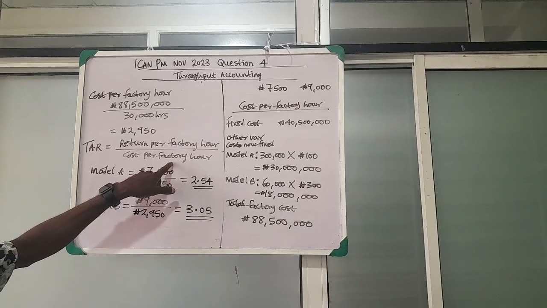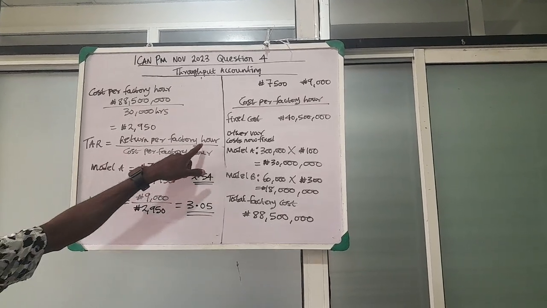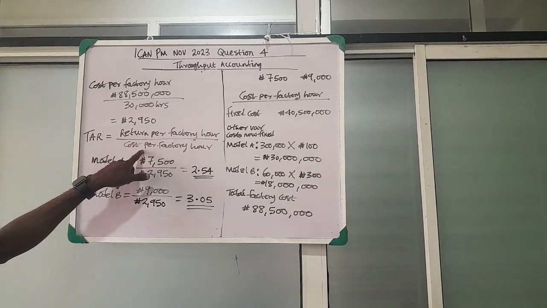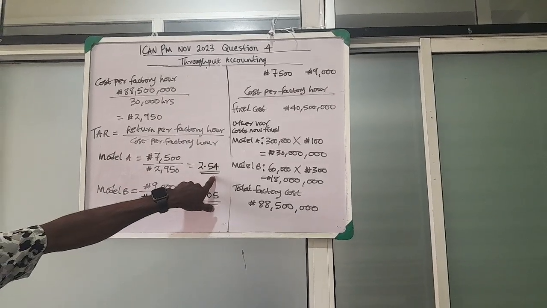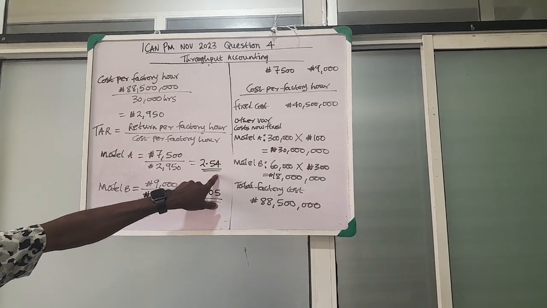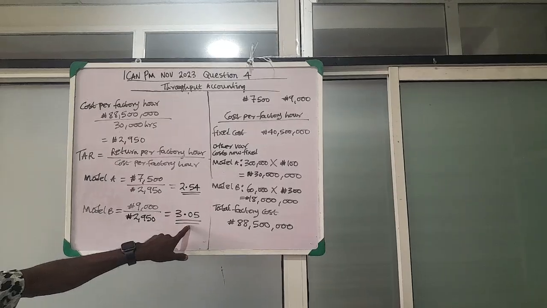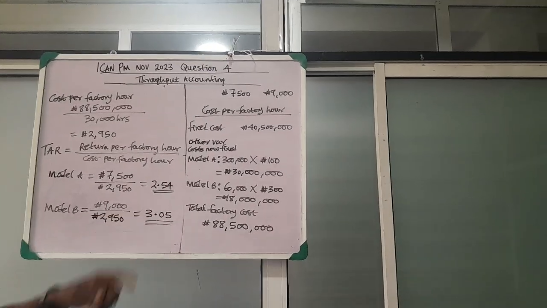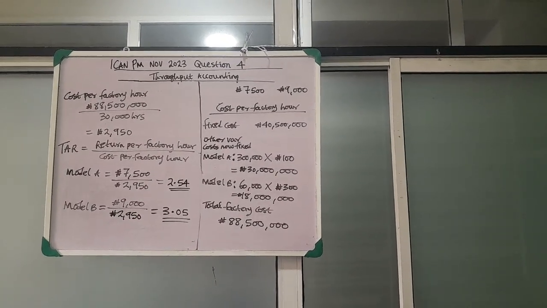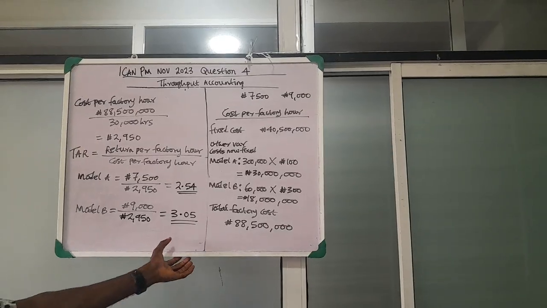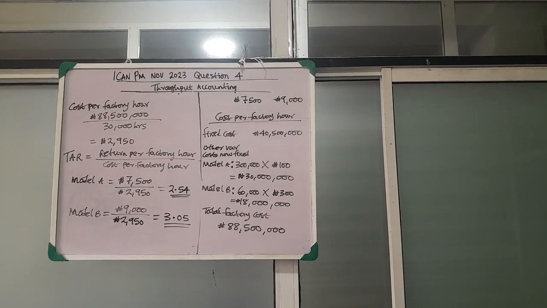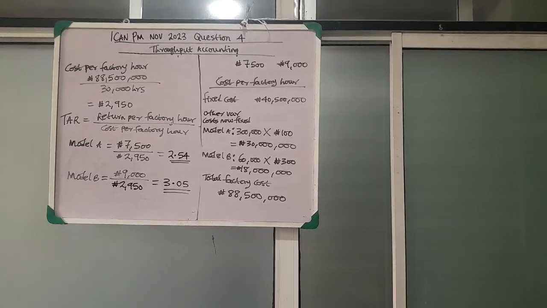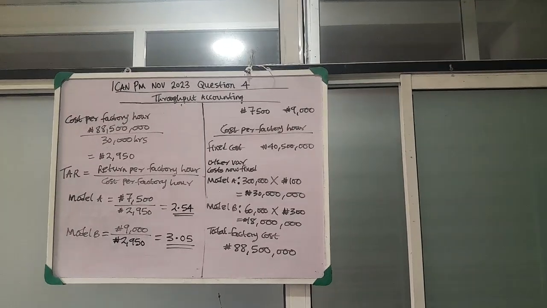But as long as your return per factory hour is higher than the cost per factory hour, it is viable. You can see this is 2.54, very much higher than 1. This is 3.05, which is also very much higher than 1. But considering the two of them, model B gives a higher return per factory hour. So that should be considered more.